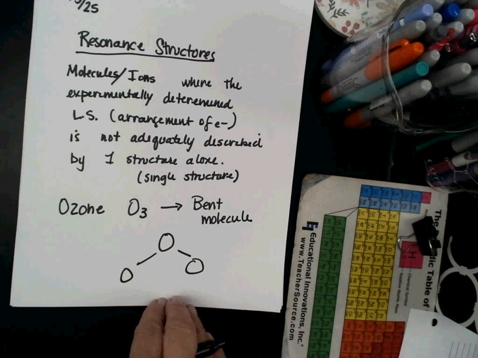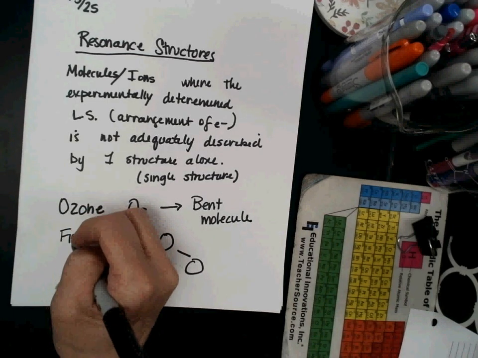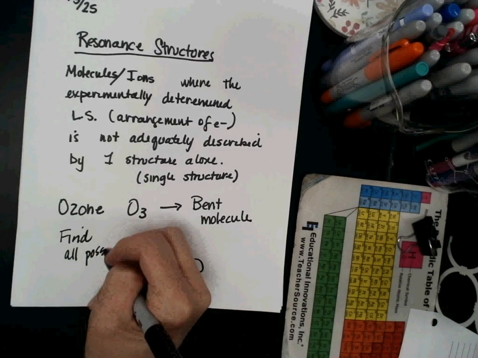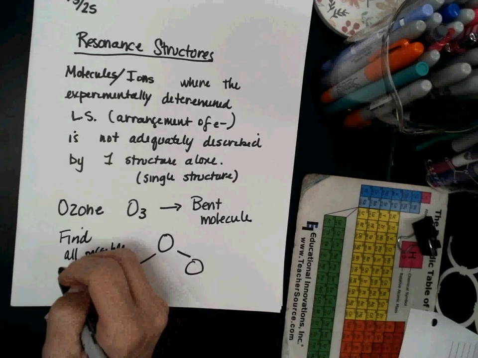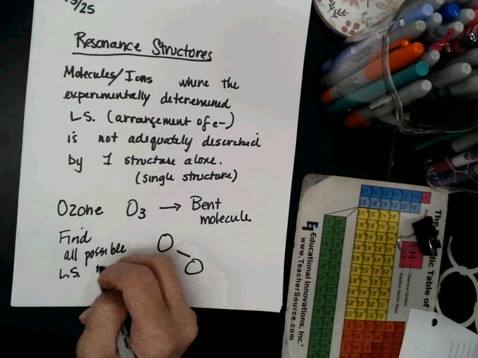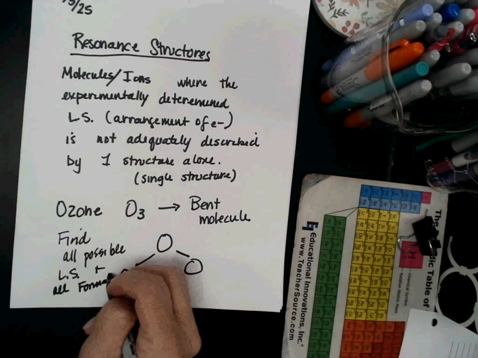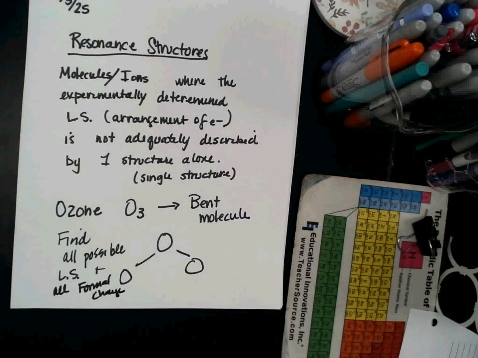But what I want you to do is to find all possible Lewis structures and all formal charges. So go ahead and move to your lab stations, and work through that with O3.